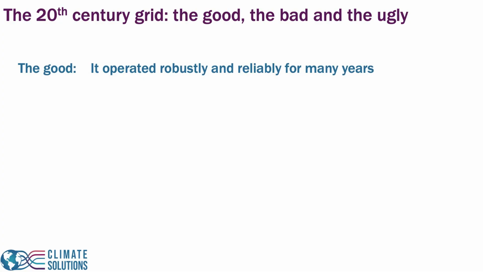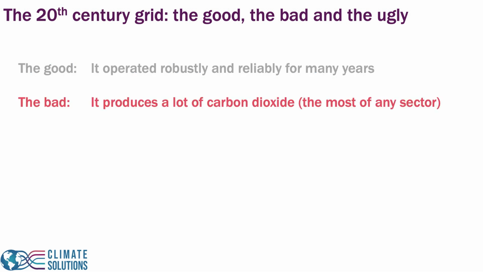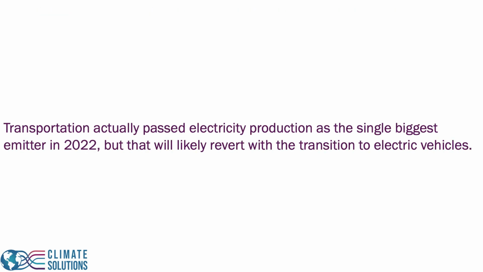And so the 20th century grid is an amazing achievement, and the good part of it is that it has operated robustly and reliably for almost a century, and it provides electricity to almost everybody in the United States. The bad is that this grid is built around fossil fuel combustion to produce that electricity, and it produces the most carbon dioxide of any sector. In the US, actually, that's not true, but globally it's true. In the US, transportation is a bigger emitter, but globally, electricity is the biggest single source of carbon dioxide emissions.